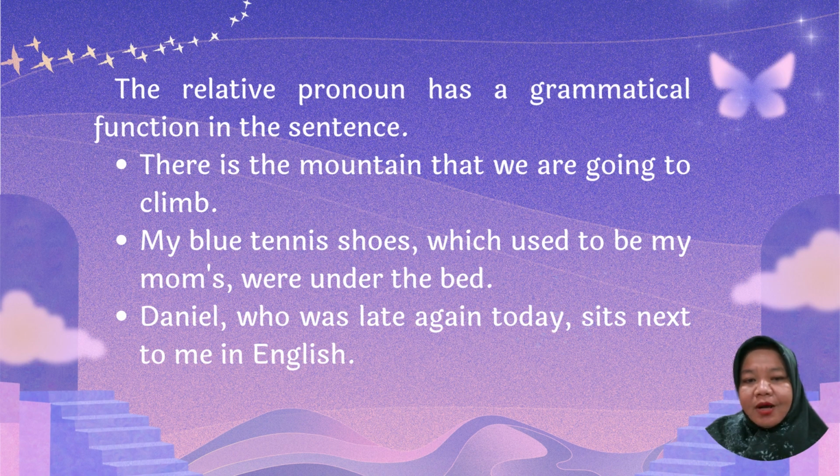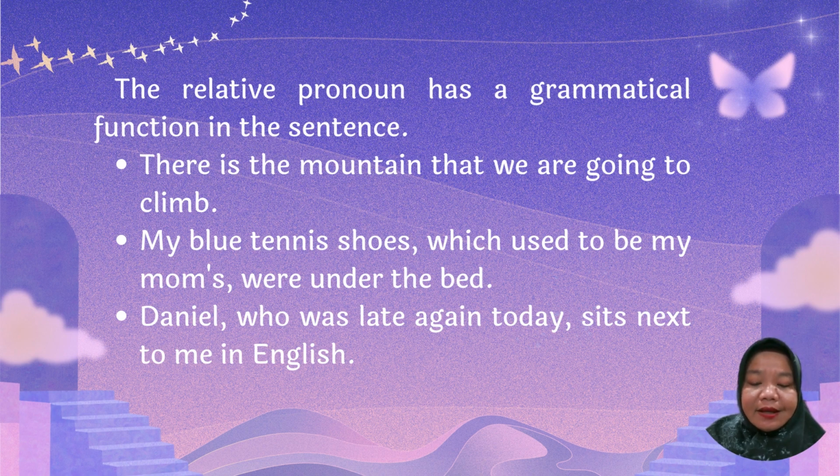The relative pronoun has a grammatical function in the sentence. There is the mountain that we are going to climb. That is the direct object of the infinitive to climb. Another example, my blue tennis shoes, which used to be my mom's, were under the bed. Which is the subject of the verb used.